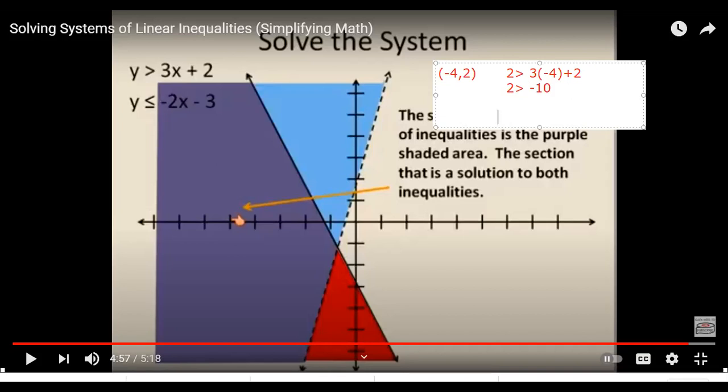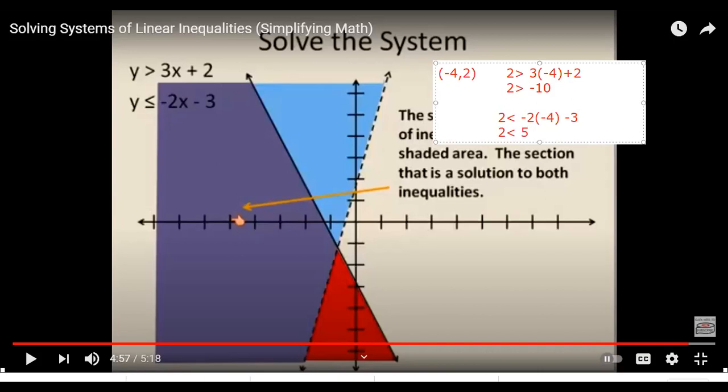So we have y, we said y equals 2, less than or equal to negative 2 times the value of x, which is negative 4, minus 3. Then we have 2 less than 8 minus 3, which equals how many? 5.